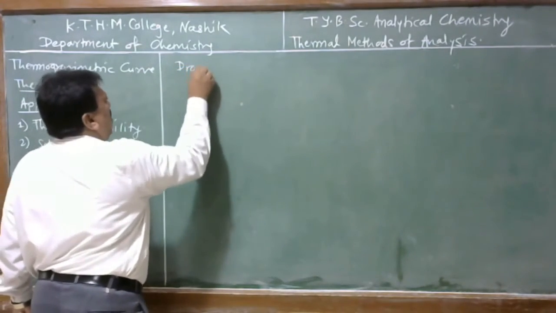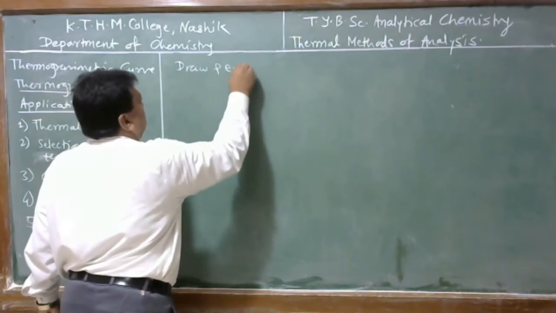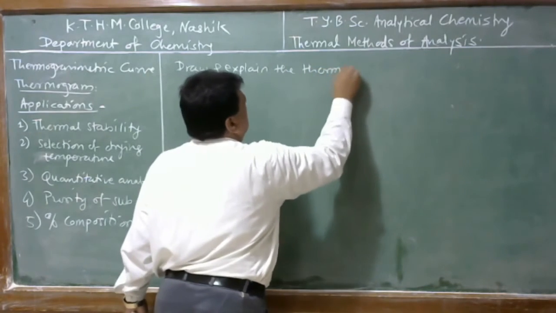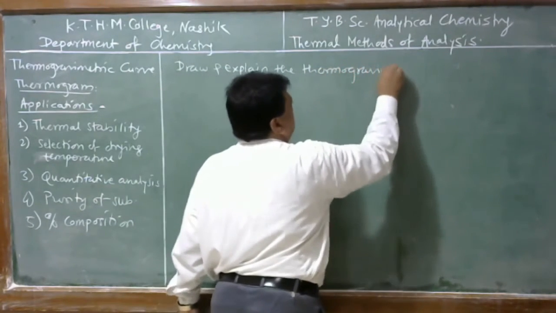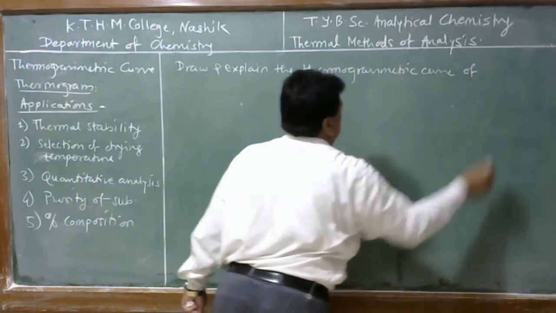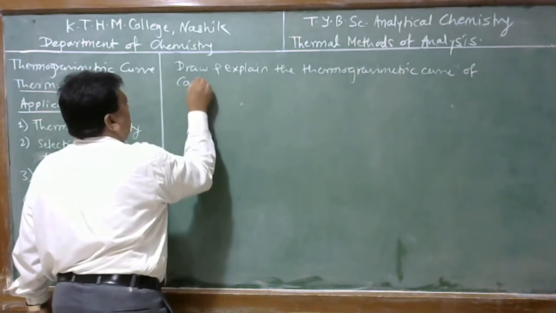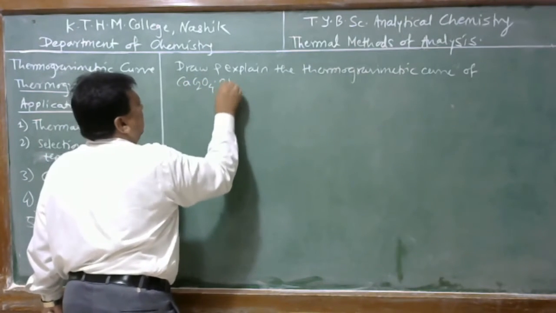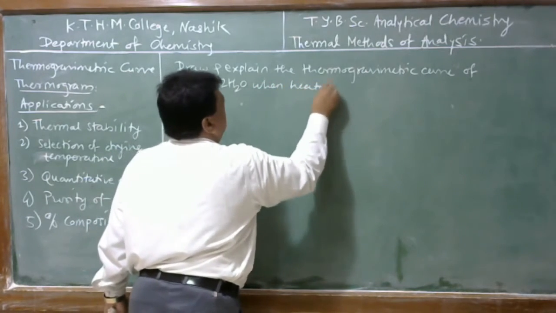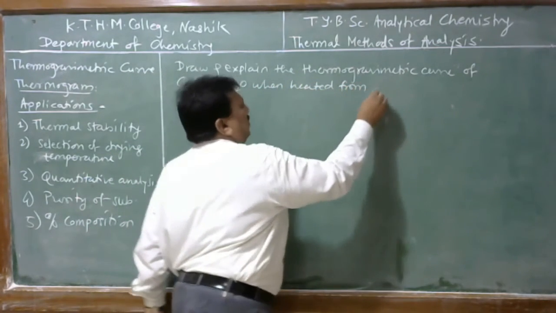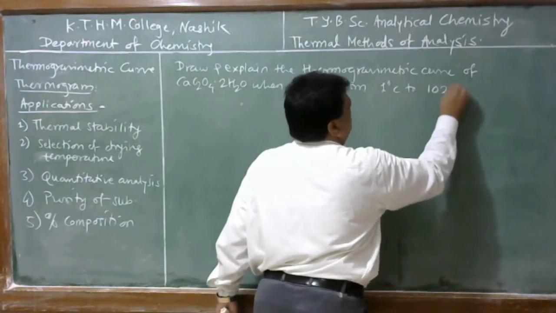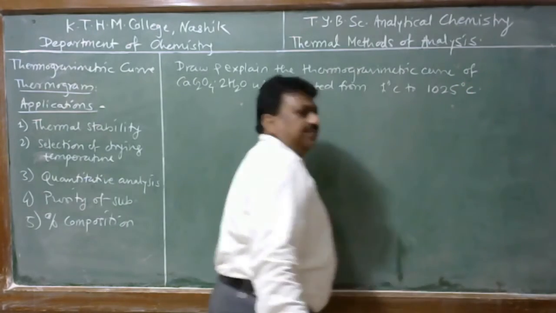Here, draw and explain the thermogravimetric curve of calcium oxalate dihydrate when heated from 1 degree to 1500 degrees centigrade.